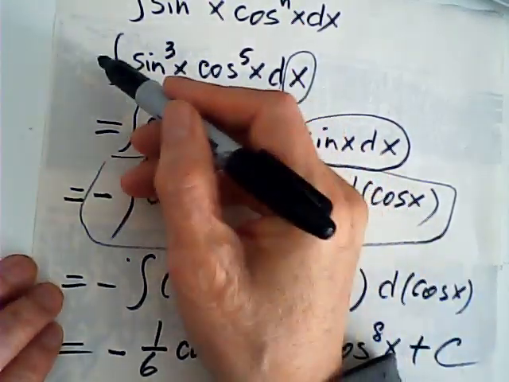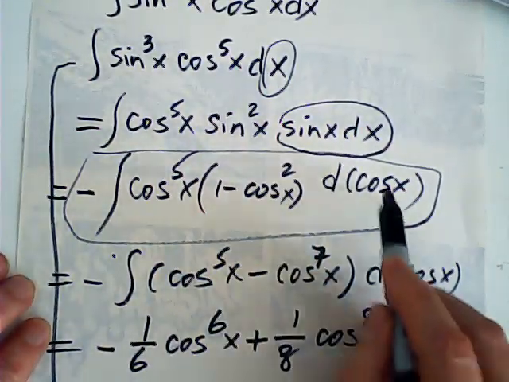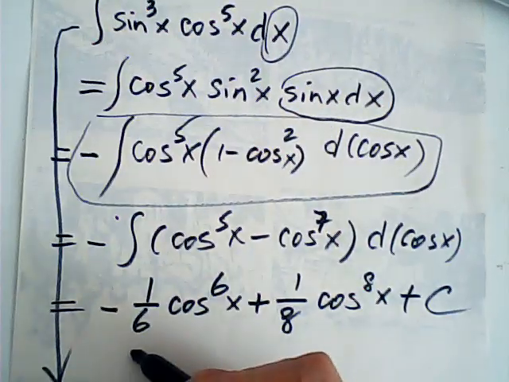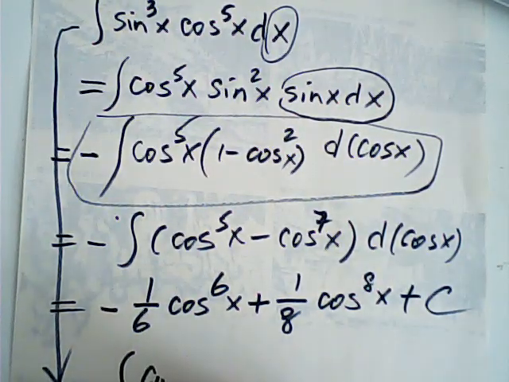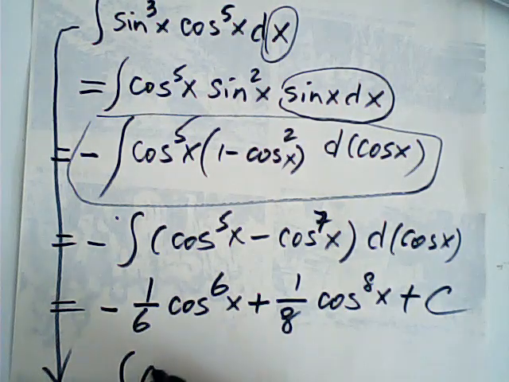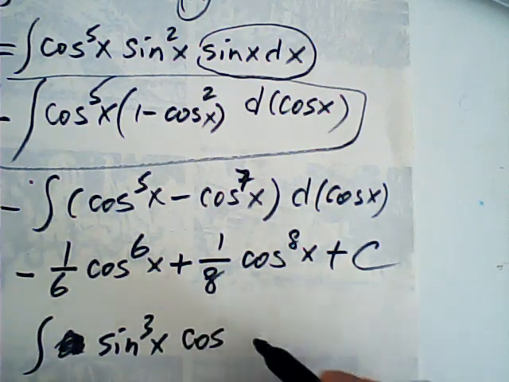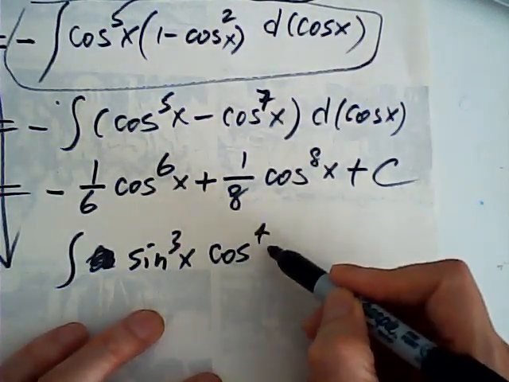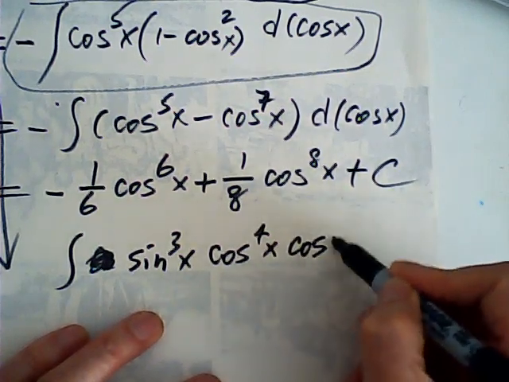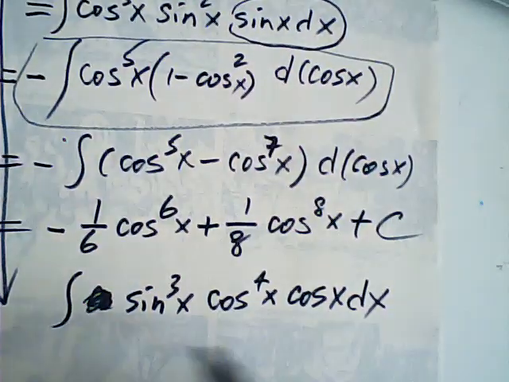Now, you can also do this. I'm not changing to cosine, I change to sine. This is also okay. This becomes sine^3 x cosine^4 x cosine x dx. Well, I can do this way, right?